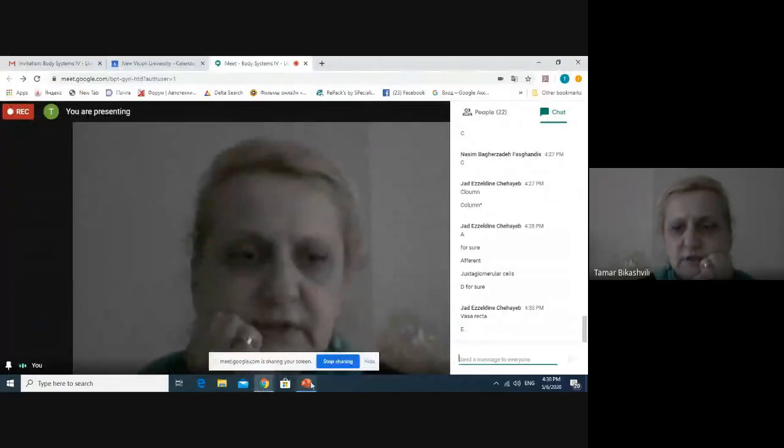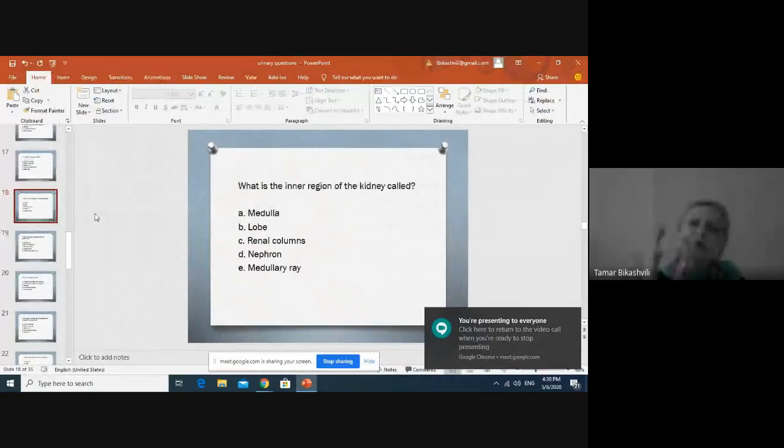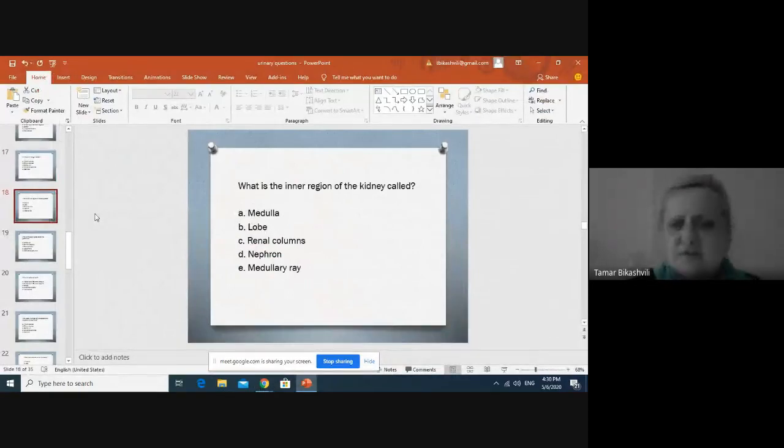E, vasa recta, yes, which is associated with the loop of Henle. So this is also very easy. What is the inner region of the kidney called? Of course, you know this answer. This is medulla, yes. It's not interesting.